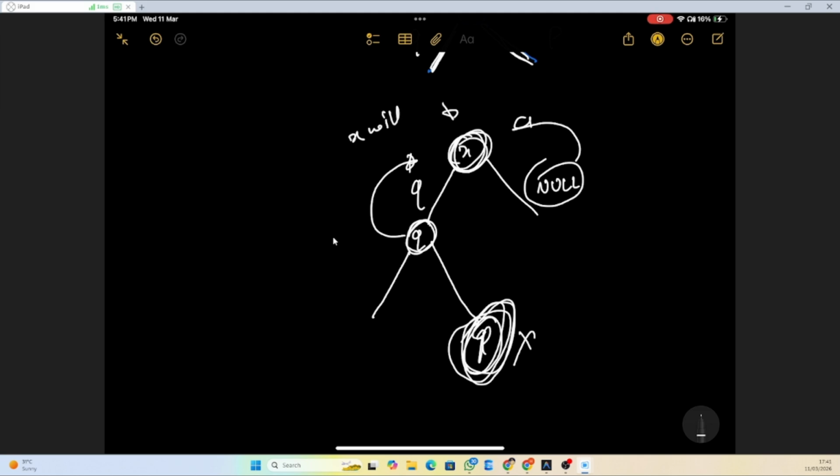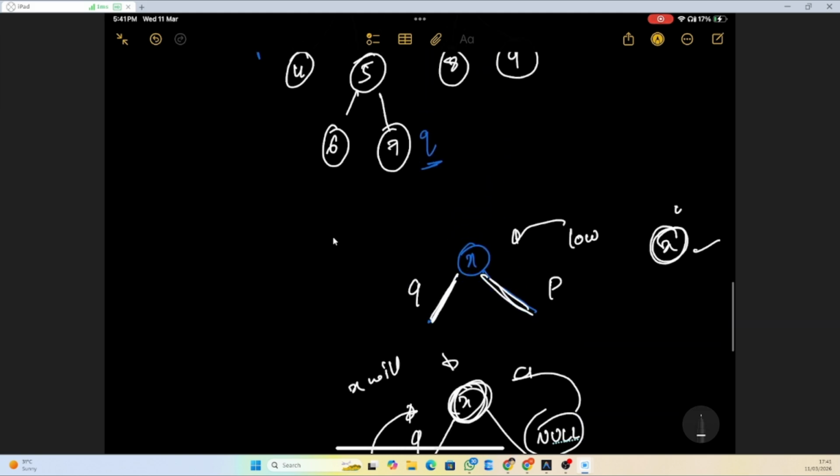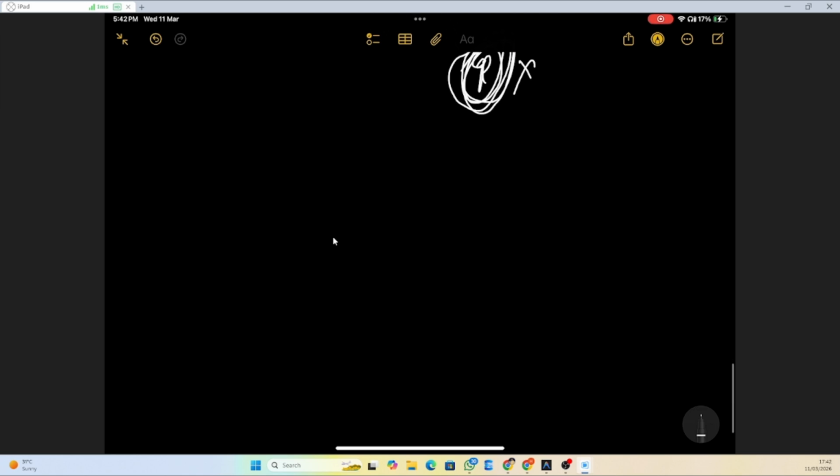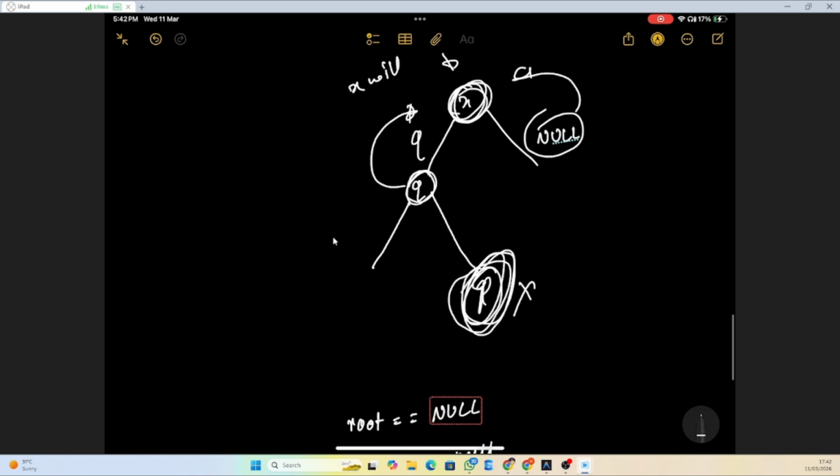X will be the lowest common ancestor here. Okay, you understood what we will do, right? Let's write the algorithm. If root equals null, what do we do? We return null. Actually, what are we finding?